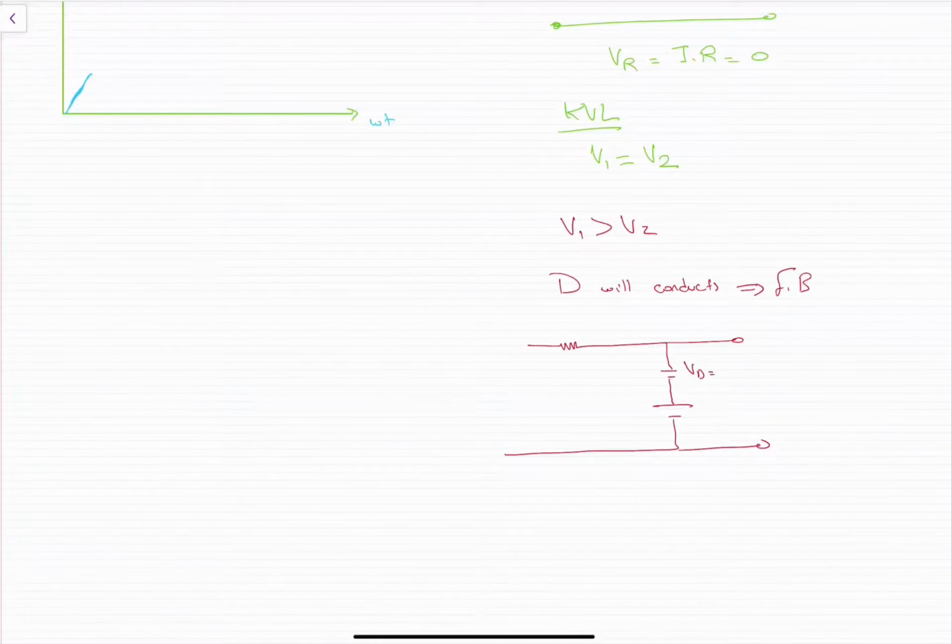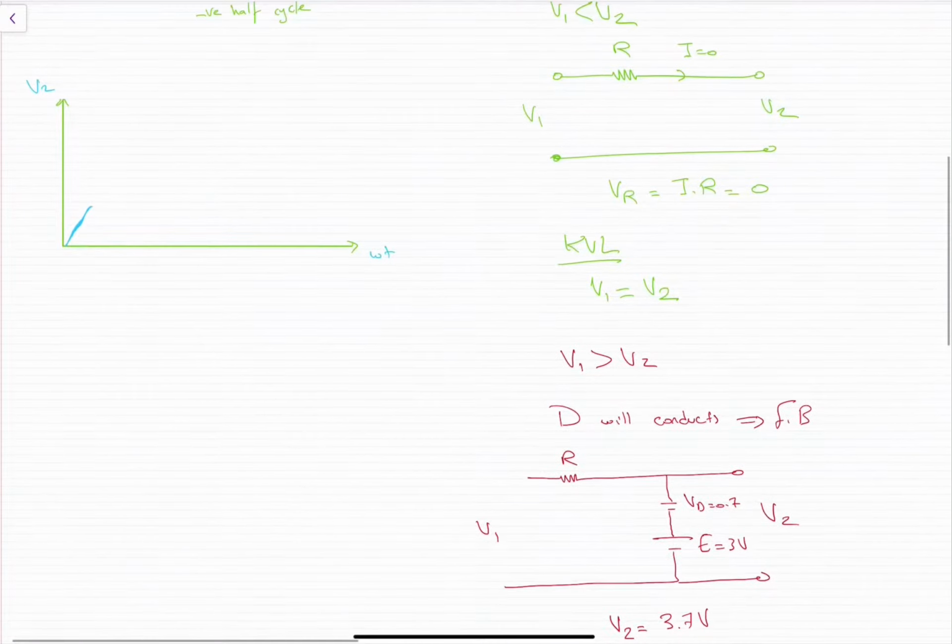VD 0.7, E 3 volts, V1, R. So if we can see here that V2 equals a constant number, which is 3.7 volts. So in order to draw a constant number for the V2 as output, it's like this.